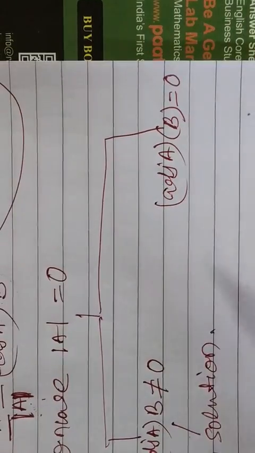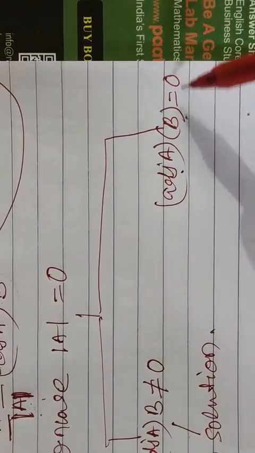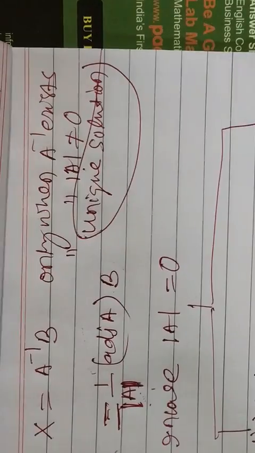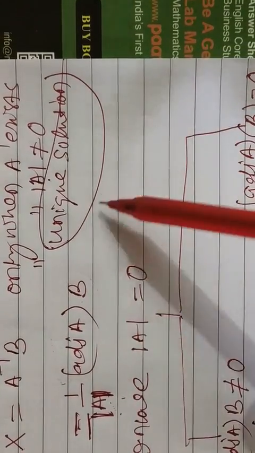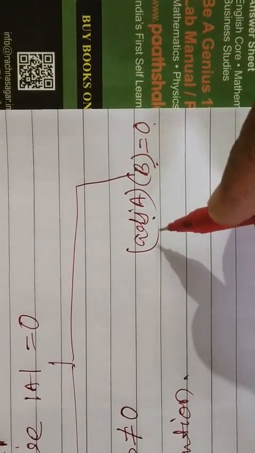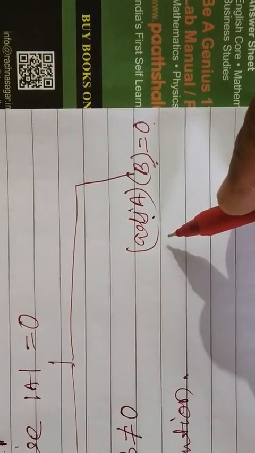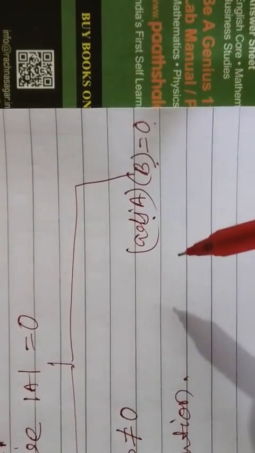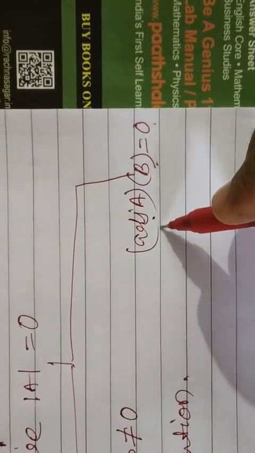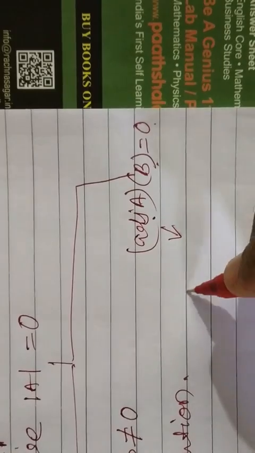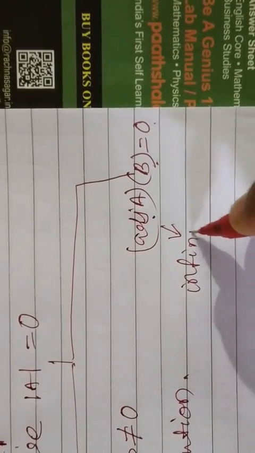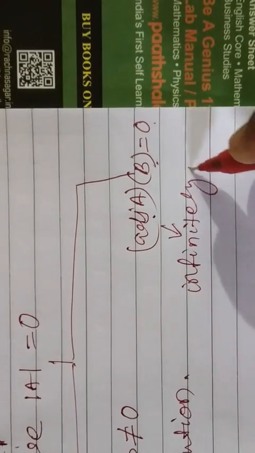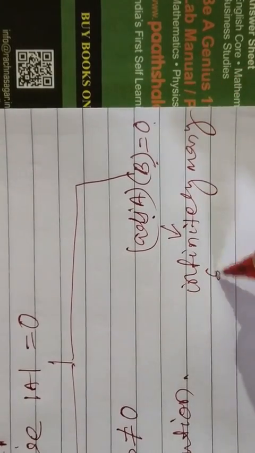And when adjoint of A into B is 0, then what shall we get? It is in 0 by 0 form. So in this situation it is an indeterminate form, meaning this formula will not work, but the value is there. That is, in this situation there are infinitely many solutions.